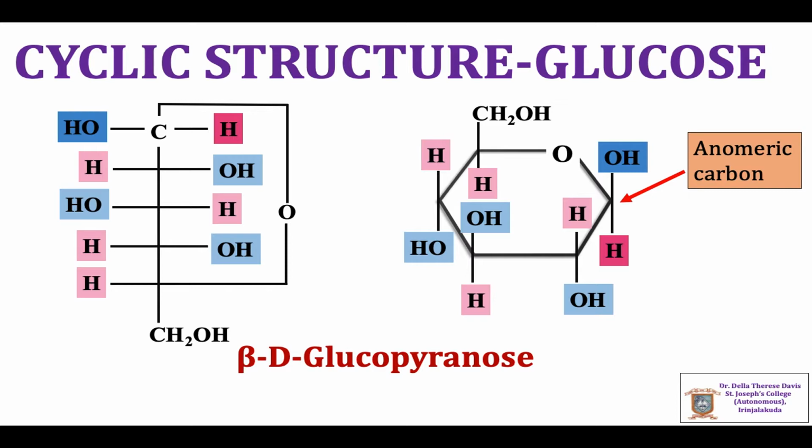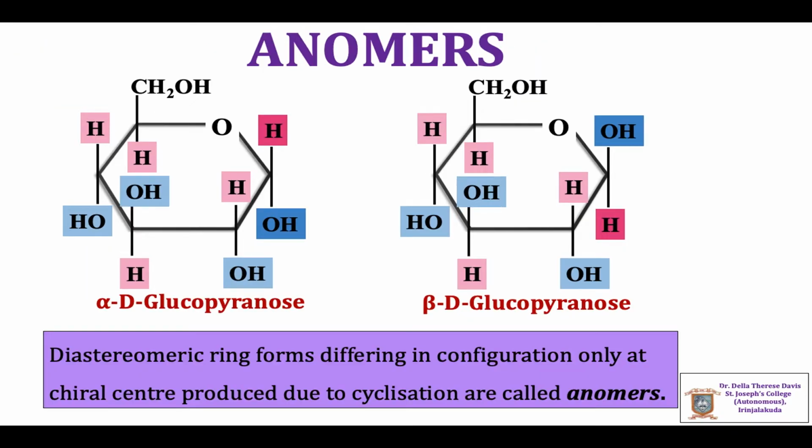In the cyclic representation, the groups on the right side of the Fischer projection are represented towards the bottom, and groups on the left side of the Fischer projection are represented towards the top. The structures of alpha D-glucopyranose and beta D-glucopyranose are shown here.